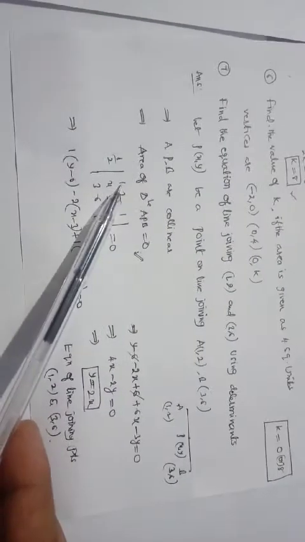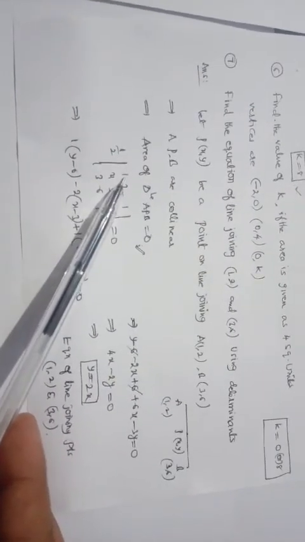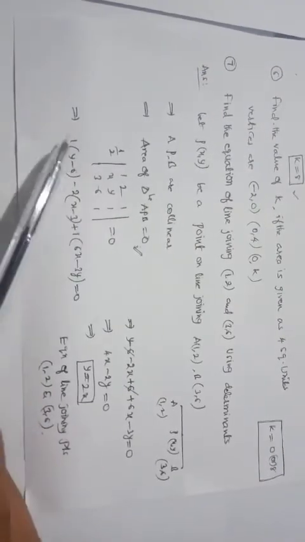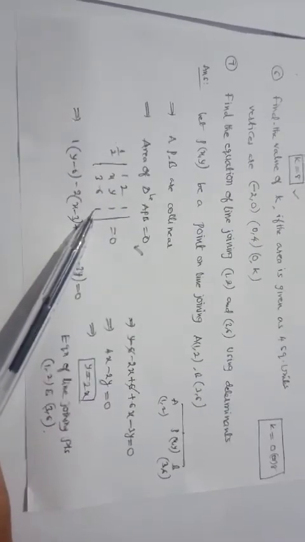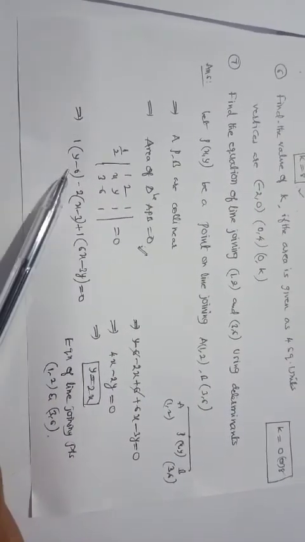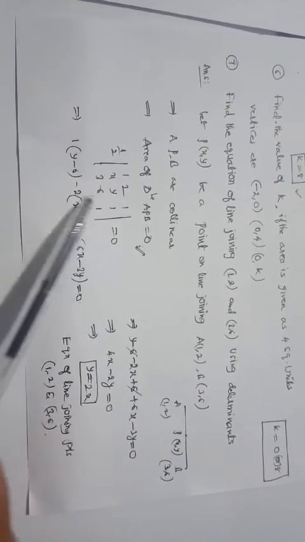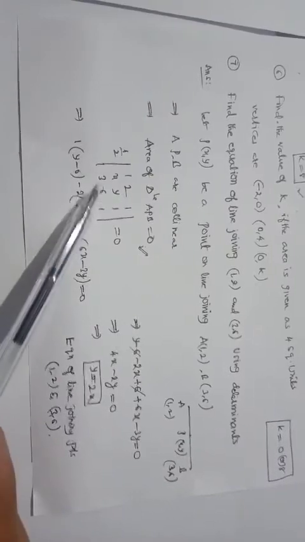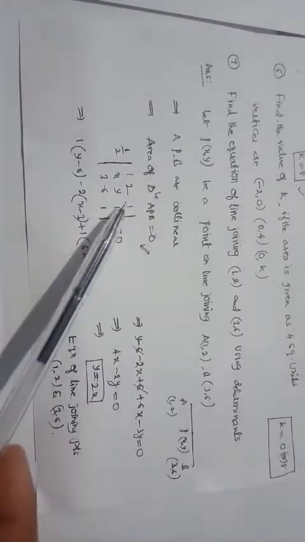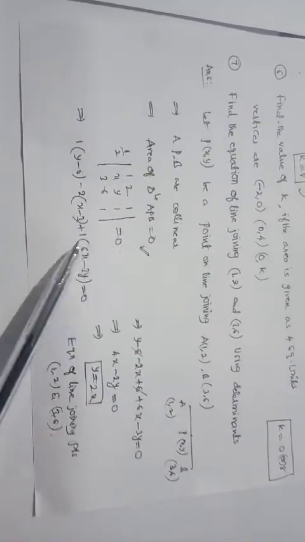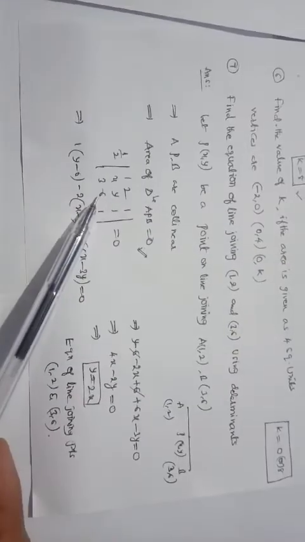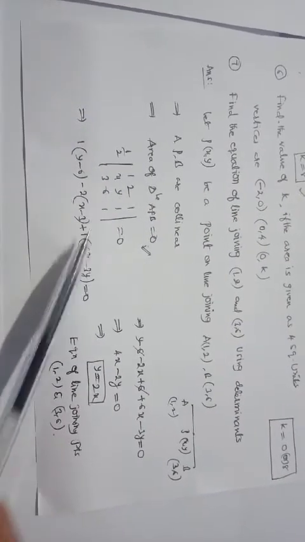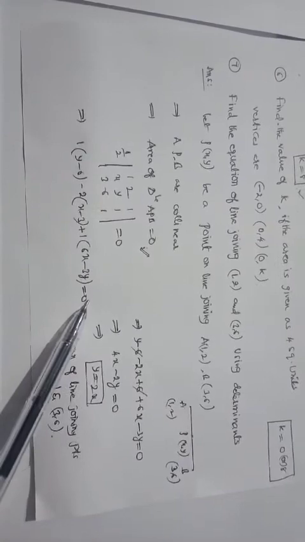Then finding the determinant along row 1: 1 into (y minus 6), minus 2 into (x minus 3), plus 1 into (6x minus 3y) is equal to 0.